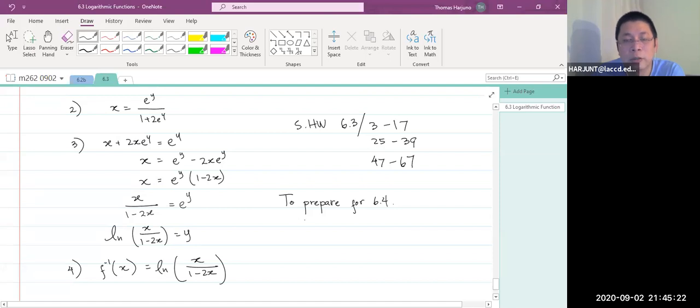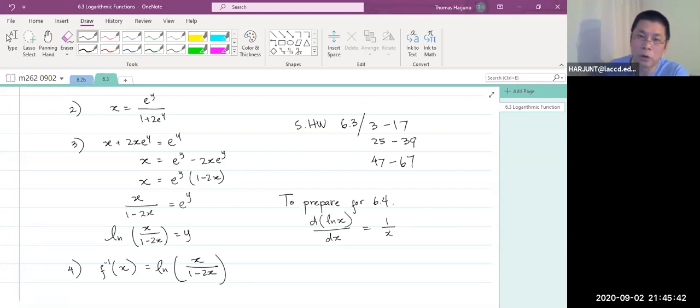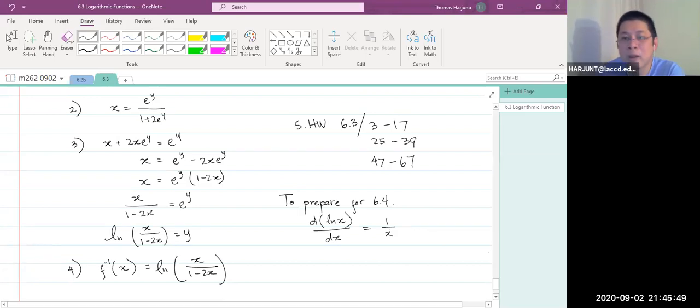Okay, the derivative of natural log of x with respect to x, so that on Wednesday next week I don't need to prove this anymore, is 1 over x.